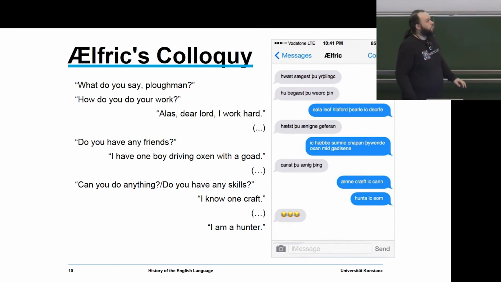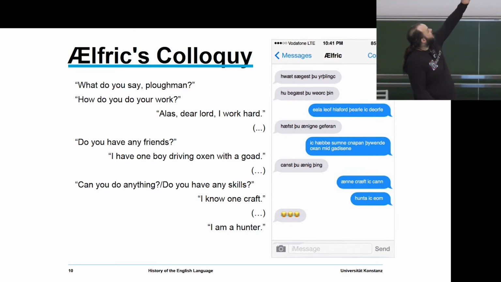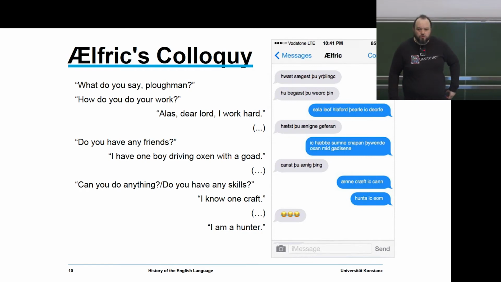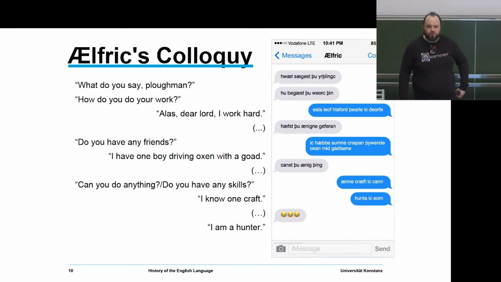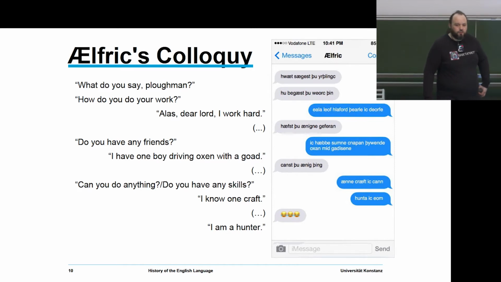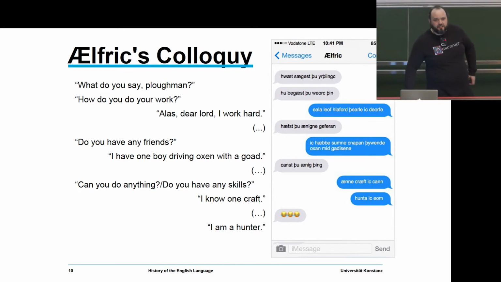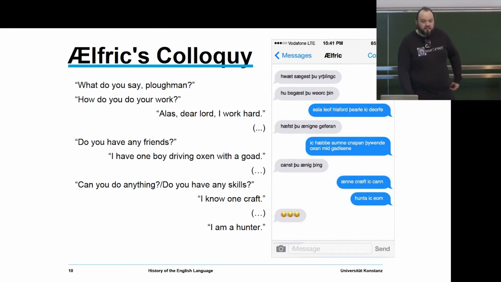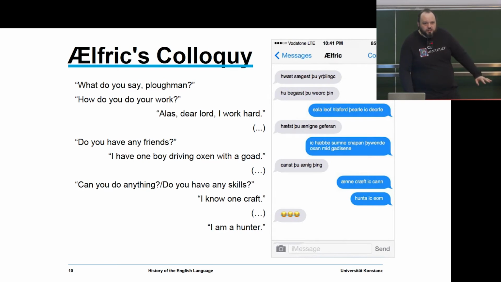And what you should see in this first line, was sagst du? You've got a nice verb second sentence. That's anticipating the syntax I'm going to talk about in a minute. You've got a second person singular ending, this distinctive EST ending, which has been totally lost in present day English.